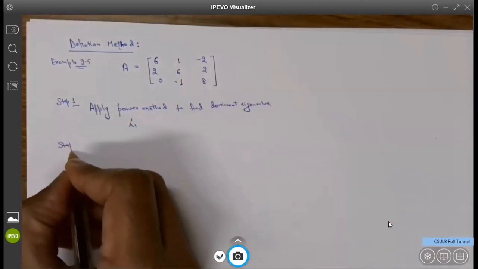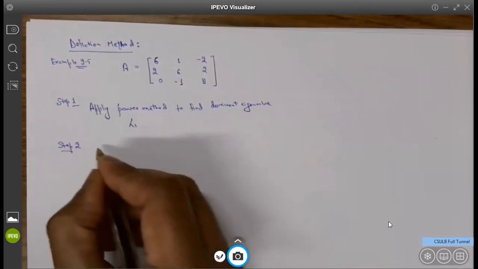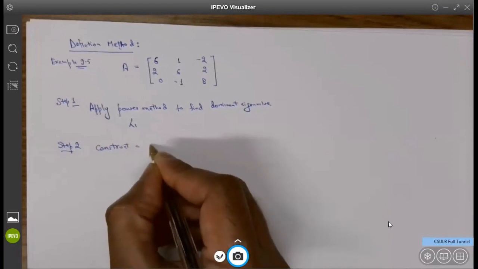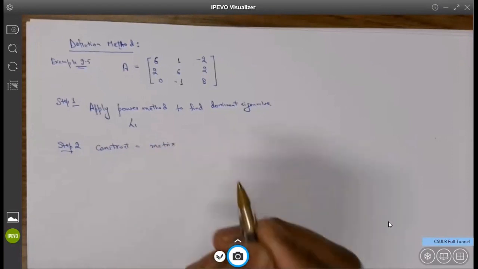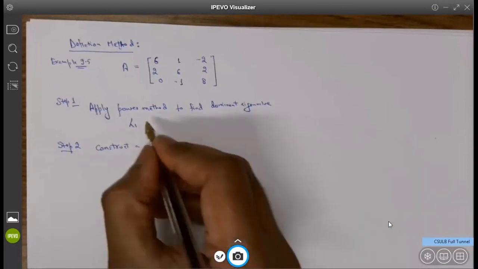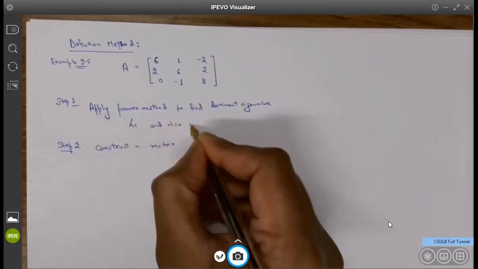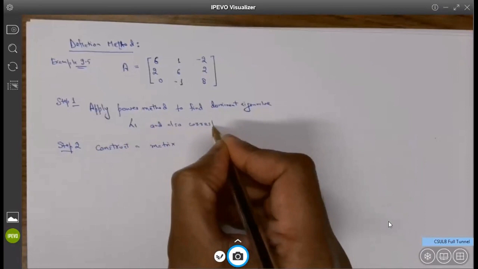Step 2 is to construct a matrix. Having found the dominant eigenvalue lambda 1, also find the corresponding eigenvector v1.